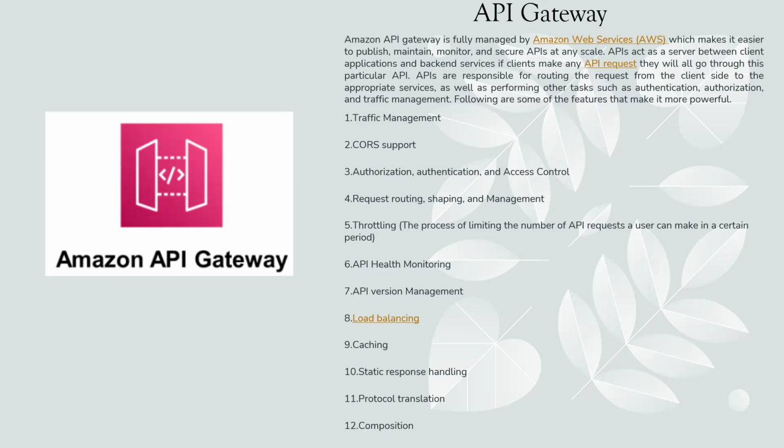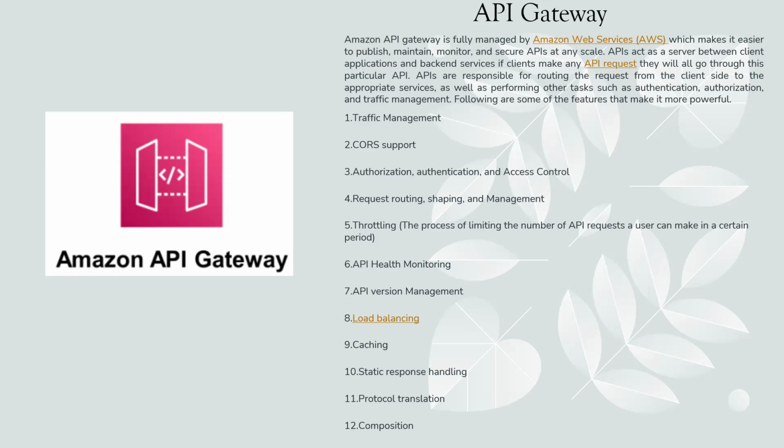They have subscribed to and purchased the stock trading API from NSE and BSE, and they can do business. For this, they can also make use of Amazon API Gateway for load balancing, traffic management, CORS support, and authorization and authentication of the vendors.